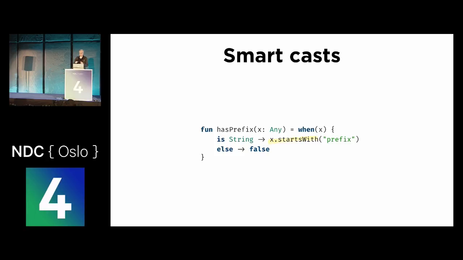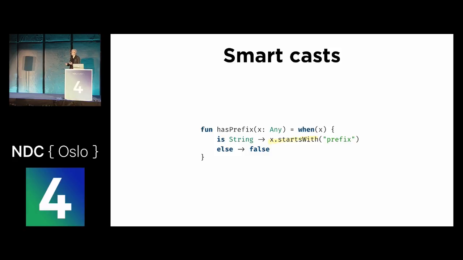Still on the type system, Kotlin has the idea of Smartcasts. So, for example, in this little snippet, we've got the parameter x, which is of type Any, so we don't know what it is. It's the root, the equivalent of object, and we're doing some pattern matching to see what kind of type it is. As soon as we say, when it's a string, the compiler says, okay, it's a string, I'm going to treat it like a string.